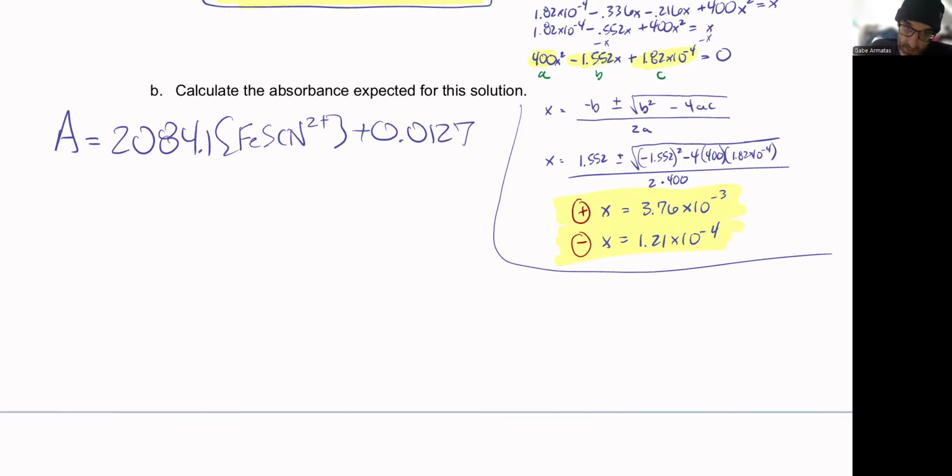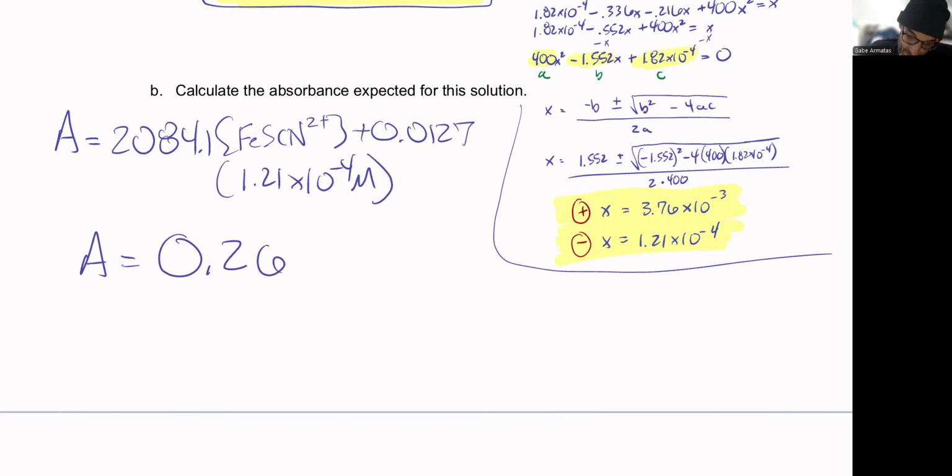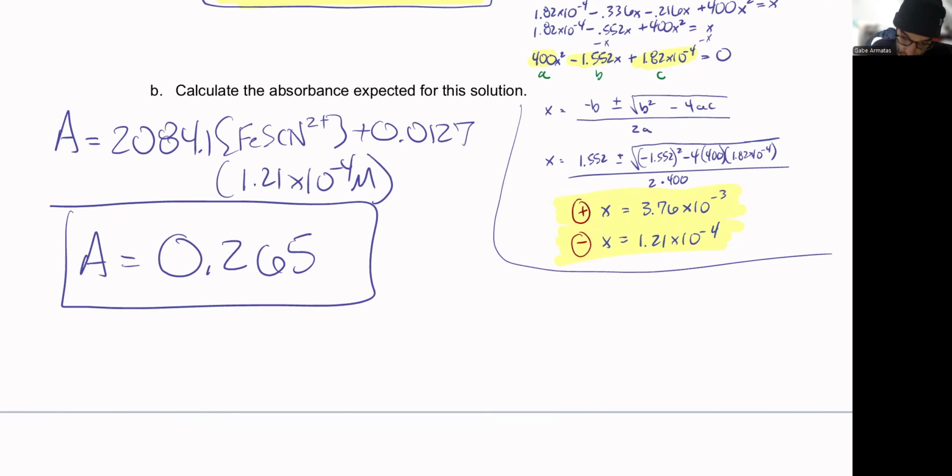I'm going to plug in my concentration of FeSCN2+, 1.21 times 10 to the minus 4 molar. Solve for absorbance. I'll let you do the math. 0.265 is my absorbance. There we go. Good to go. There it is. So that is much quicker than the previous one.